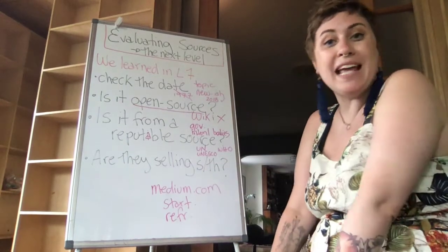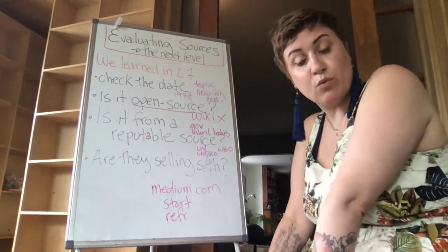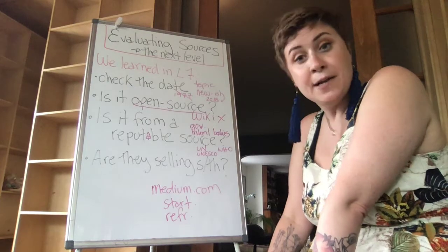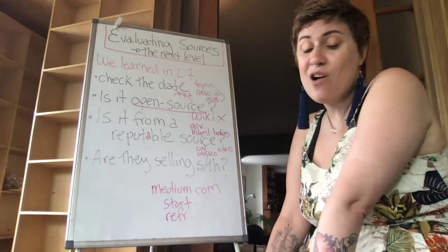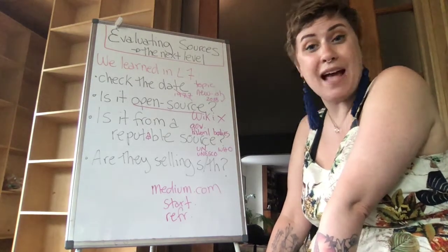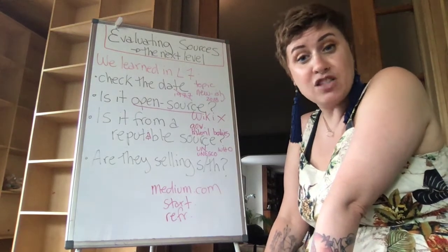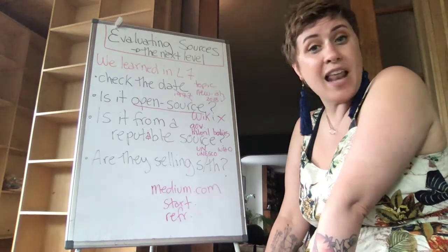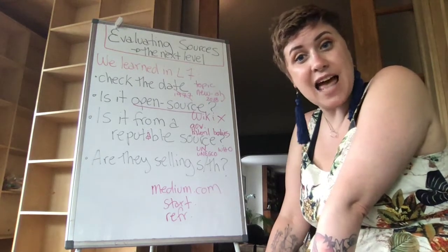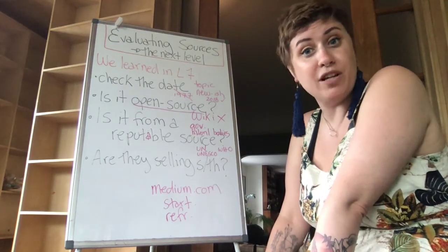These big international bodies tend to be really good sources of information. Government websites, now that's not always true. It depends on your government. Canadian government websites are usually good, but not every country has a government that gives you good, reliable information.